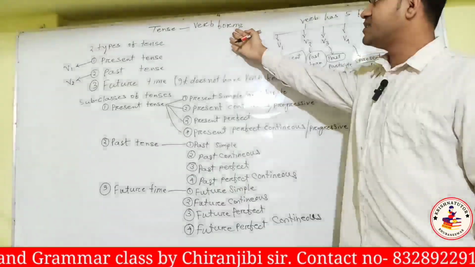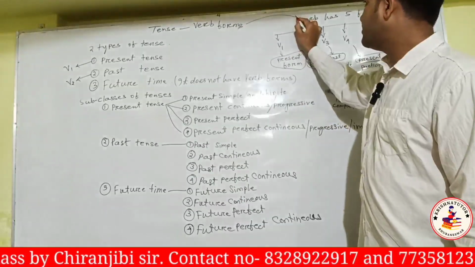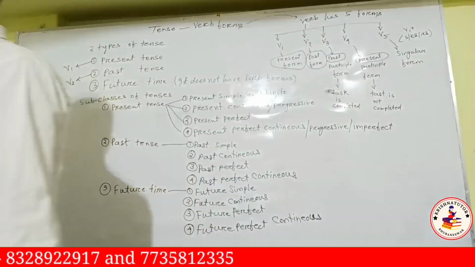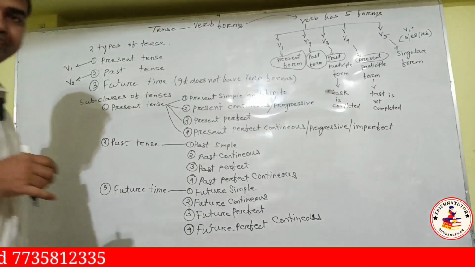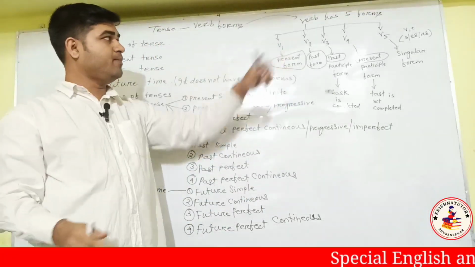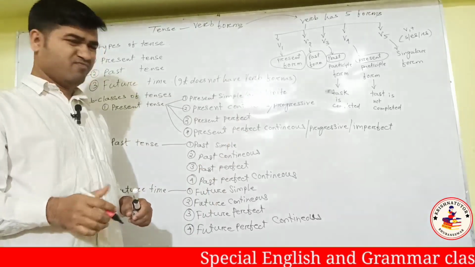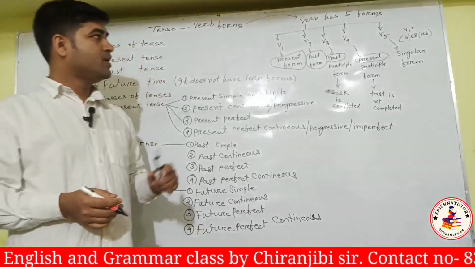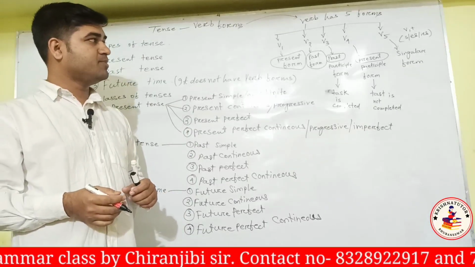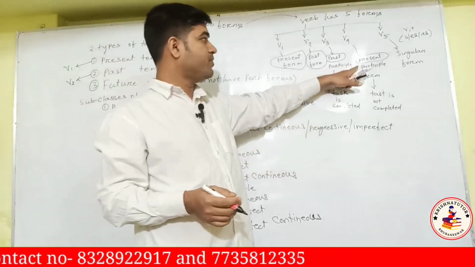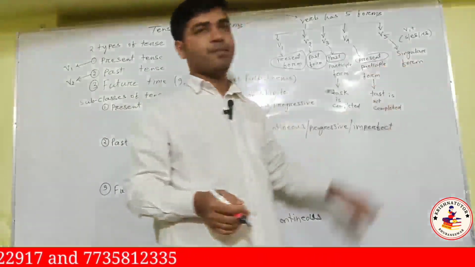Okay, so normally, what is tense? Tense is verb form. Verb has these five forms: V1 form, V2 form, V3 form, V4 form, and V5 form. V1 form is called present form, V2 form is called past form, V3 form is called past participle form, V4 form is called present participle form, V5 form is called singular form.